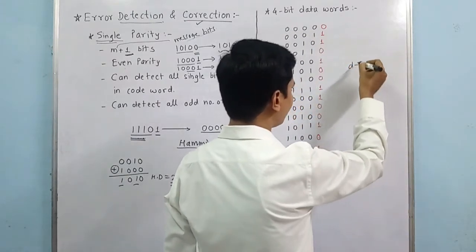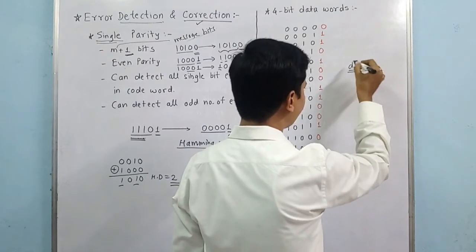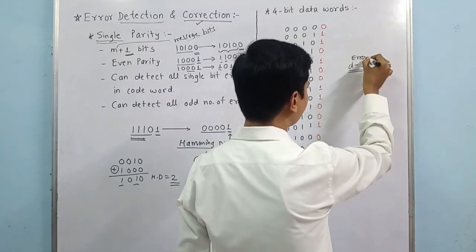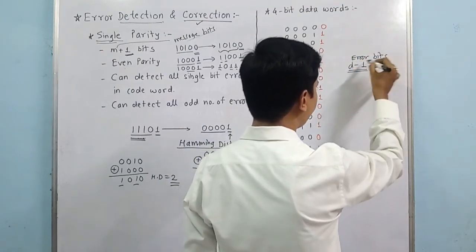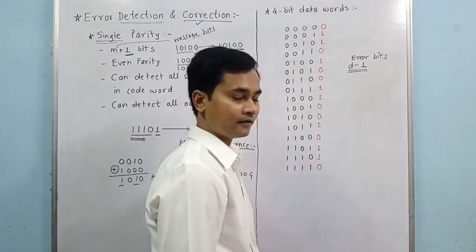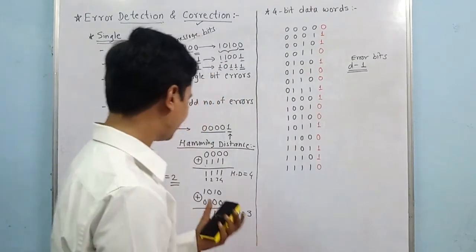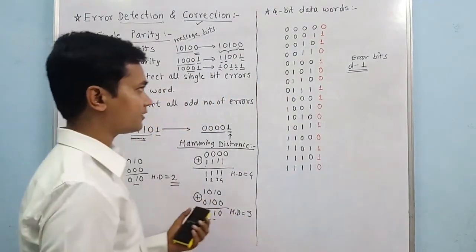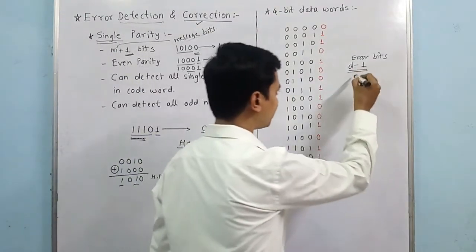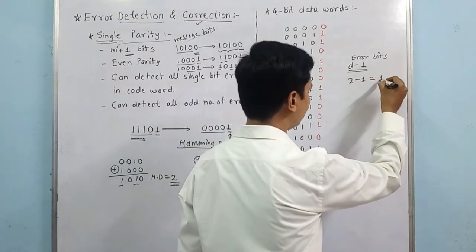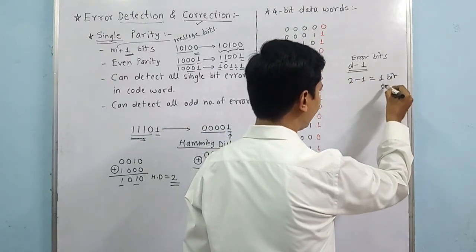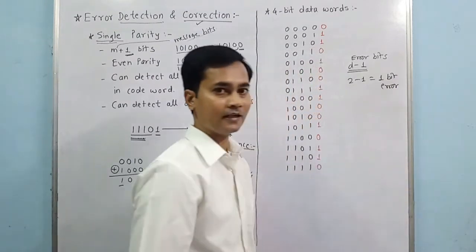So D minus 1 error bits can be detected. D means the minimum Hamming distance. So here D is 2, and 2 minus 1 is equal to 1 bit. So here a 1-bit error can be detected.